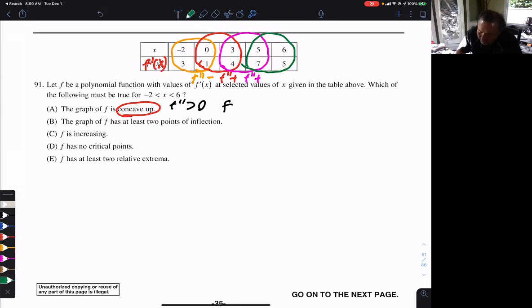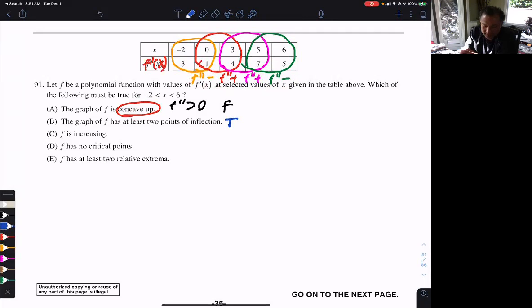So by the mean value theorem, there's got to be a point where the second derivative equals that negative slope. So here's our conclusion. The second derivative had to change from negative to positive at some point between those, right? That's an inflection point. And it had to change from positive to negative at some point. That would be an inflection point. So it appears that that is our true statement.